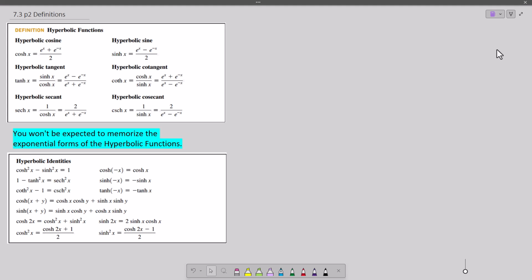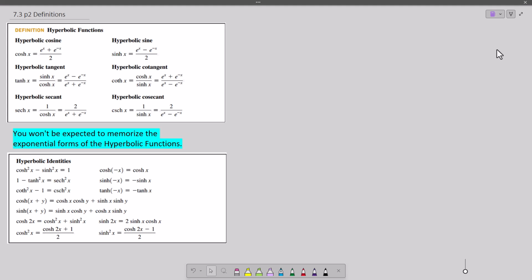This slide, the top piece, you don't need to know anything from this top slide. For the homework, they might ask you to use some of these, but I will not test you on any of these. The piece that's interesting is that all the hyperbolic trig functions, cosh, sinh, I will call this tanh.